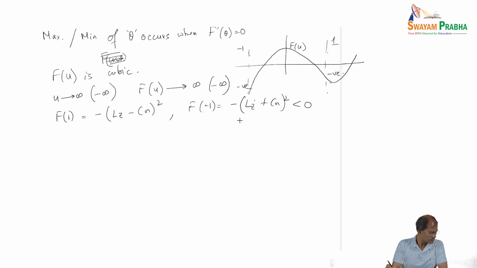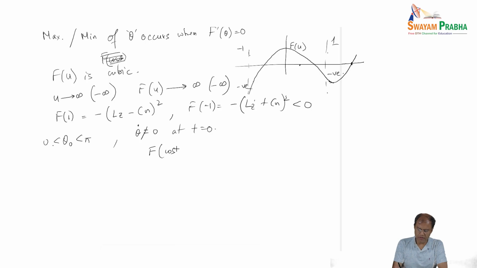Then what we see is, suppose we were to find any f of theta. Now, how do we know that? It turns out that the third root, one of the roots of f of u, will be greater than 1, right? Why? Because suppose we take any angle theta, which lies between 0 and pi, and theta dot is not 0 at t equal to 0.